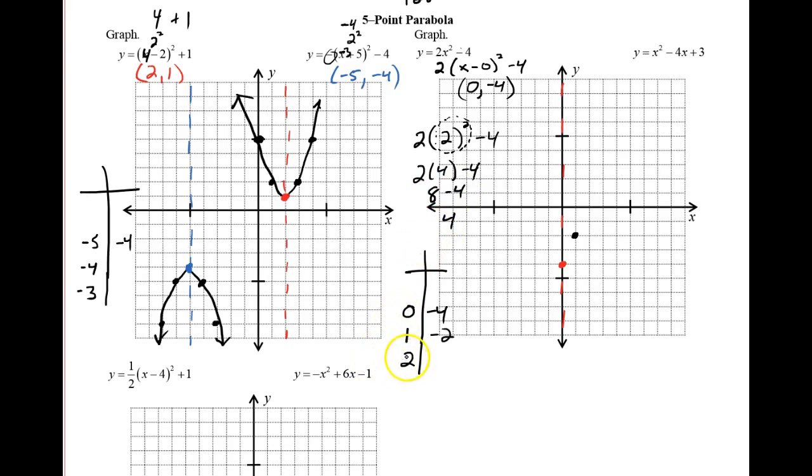So when my input's 2, my output's 4. So at 2, 4 is my next point. Now I'm going to go ahead and reflect it across the axis of symmetry and do my best to draw a parabola.